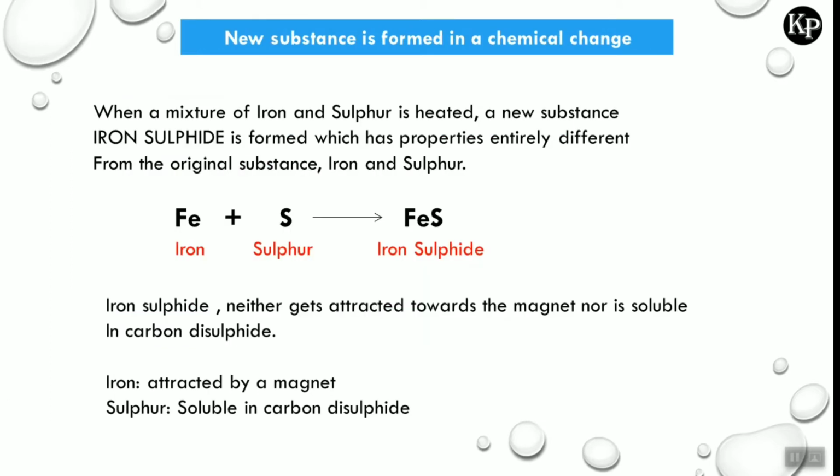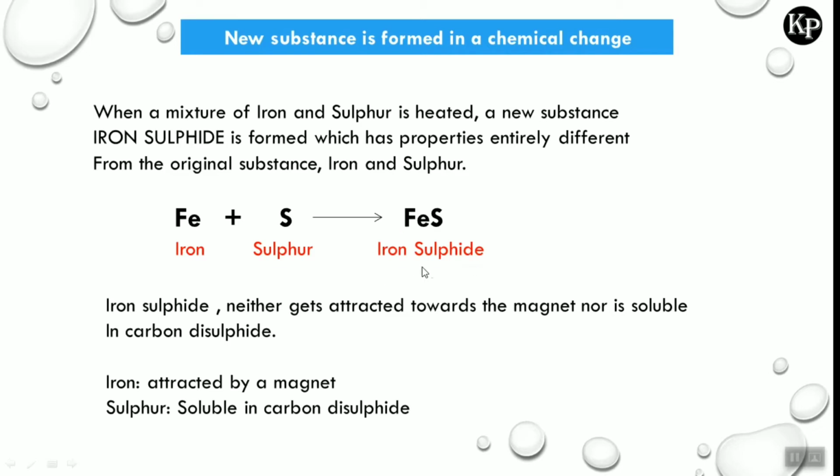A new substance is formed in a chemical change. When a mixture of iron and sulfur is heated, a new substance, iron sulfide, is formed, which has properties entirely different from the original substances, iron and sulfur. The iron sulfide is neither attracted towards a magnet nor soluble in carbon disulfide.